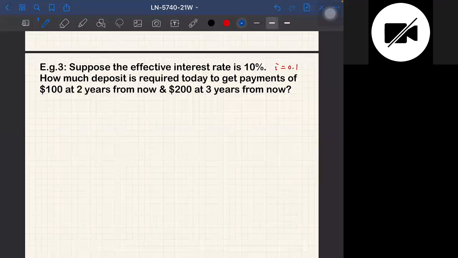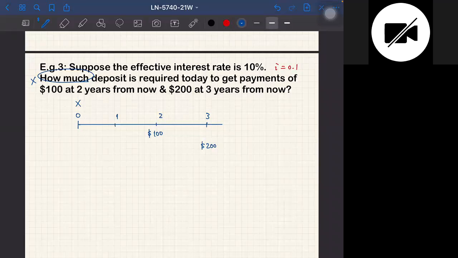So that means we have time point 0, that is today, and time points 1, 2 and 3, and we deposit some amount, maybe I would say X. And we receive $100 at time 2 and $200 at time 3.